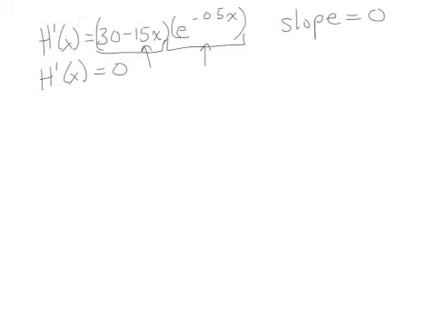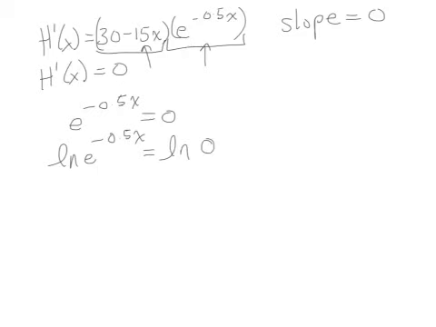So if we look at setting e to the negative 0.5x equal to 0 and solving for x, we find very quickly, because we have to take the ln of both sides in order to isolate that x, that we have a ln of 0 on the one side. And if you put that in your calculator, or if you recall, ln of 0 is undefined.